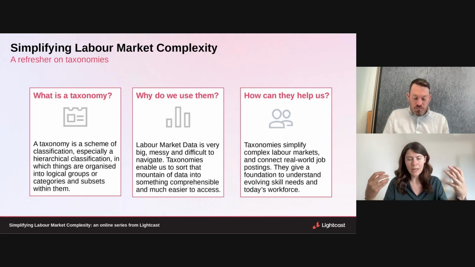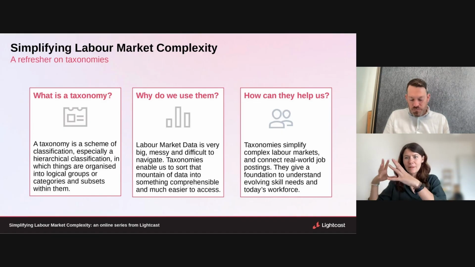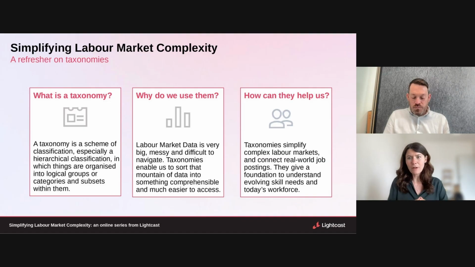What the taxonomies really enable us to do is to make sense and create clarity around all these different types of information, so that we can simplify key labor market concepts, but also get all the key stakeholders together to speak the same language. Another example is further education colleges, which think about sector subject areas. That's their main area of expertise. The policy space talks about sectors in a different way. Taxonomies help us find a way to define all these topics in one common language that we can then use to transform and bring the data to life and to action.